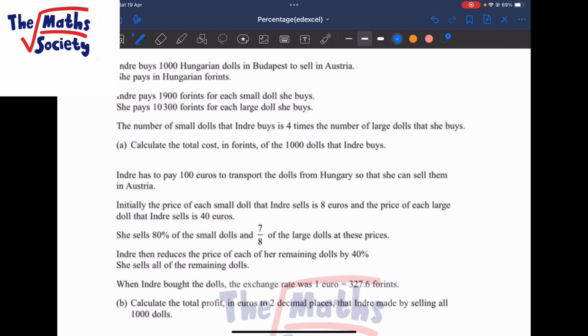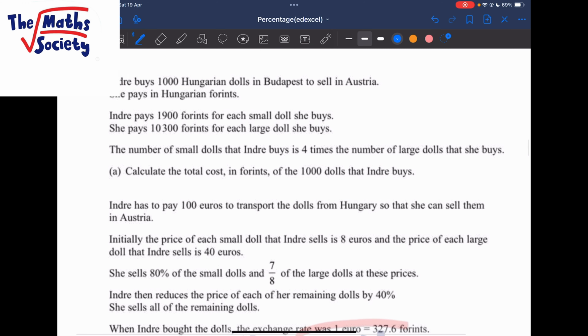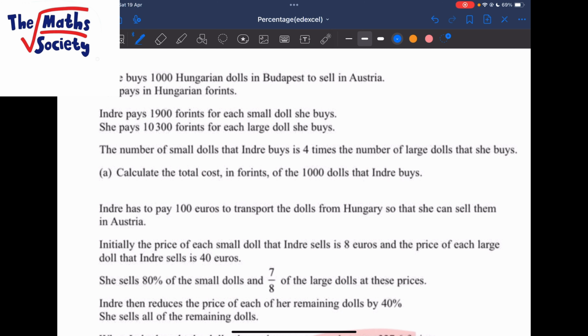So we've got to work in Hungarian forints, right? And it says 4 times. So let's calculate the small first, because we have small dolls and large dolls. Small would be 800, because it's 4 times.